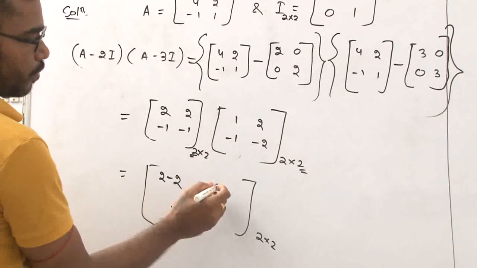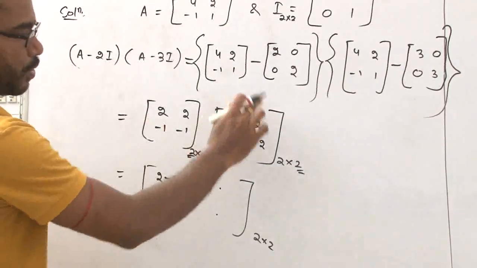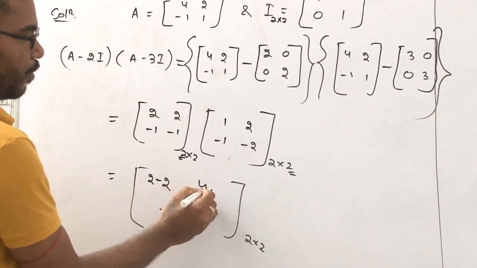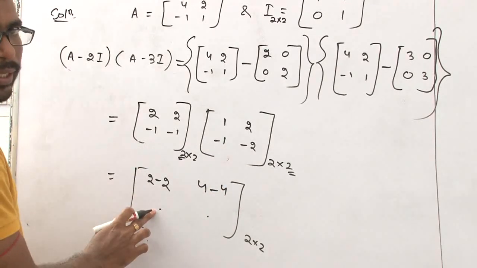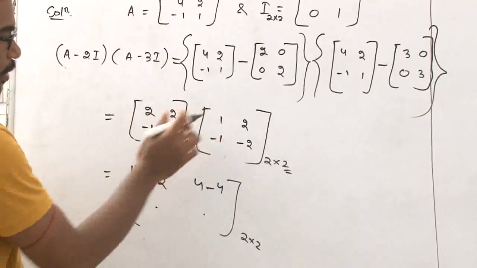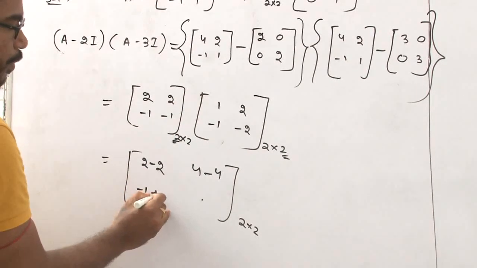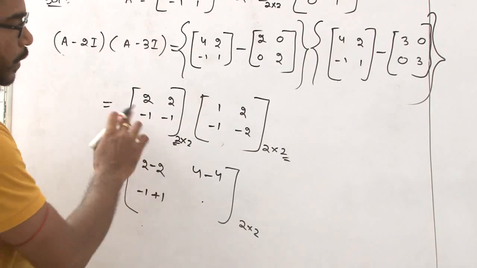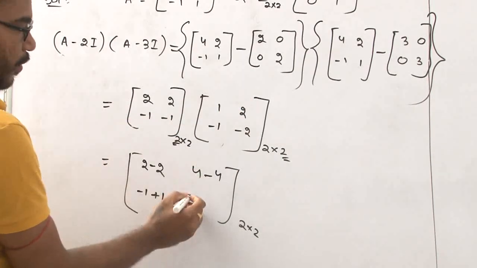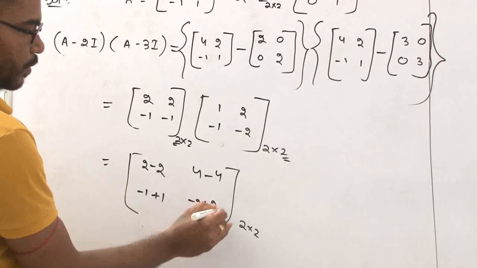Similarly, for A12, first row, second column: 2 into 2, 4, minus 4. Similarly, for position 2,1, second row, first column, we get minus 1 plus 1. Similarly, for position 2,2, second row and second column, that is minus 2 plus 2.